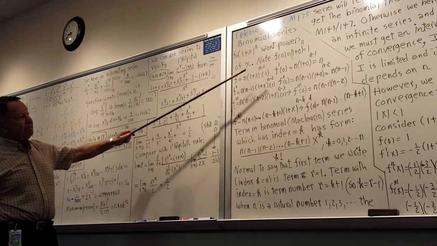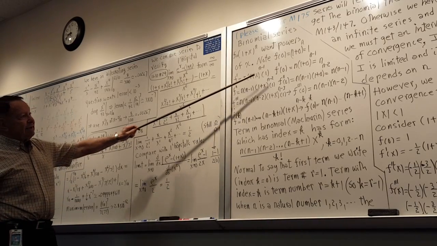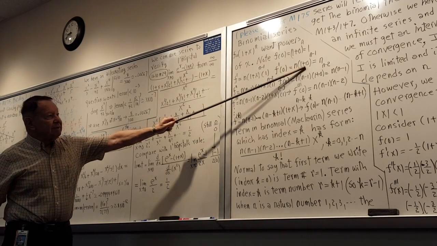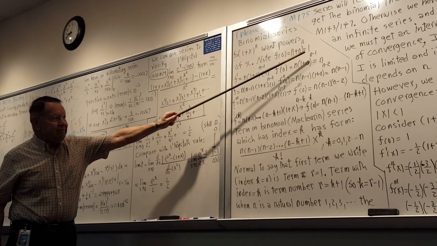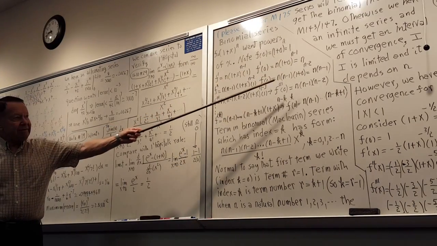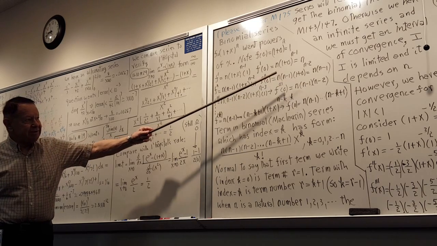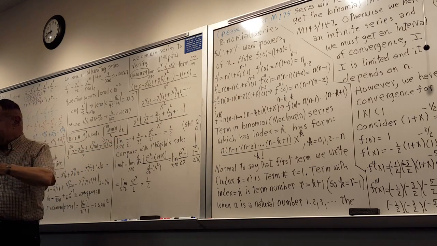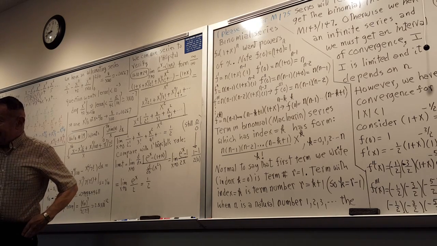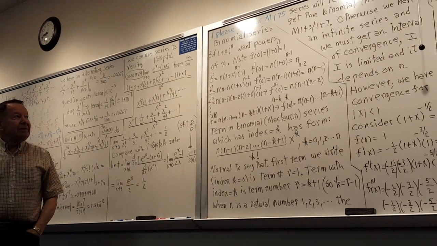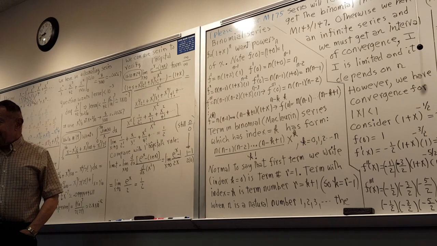So f prime of 0 is n times 1 plus 0 raised to this power, and again, 1 to any power is 1. Subtracting 1 each time, if it's a positive whole number, you'll count down to 1, and then the next time out it would be 0. And so you get a polynomial.